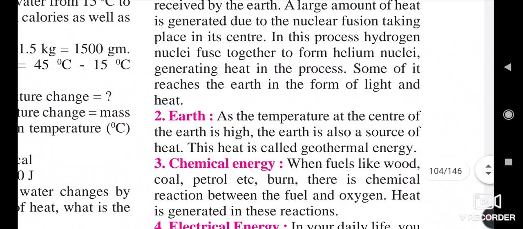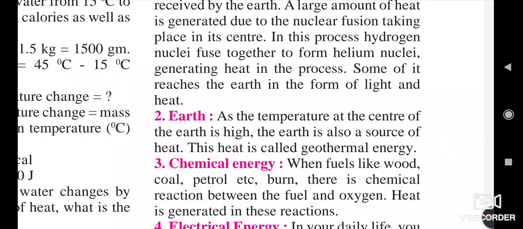Okay, the next source is the earth. As the temperature at the center of the earth is high, the earth is also one source of heat. This heat is called geothermal energy.